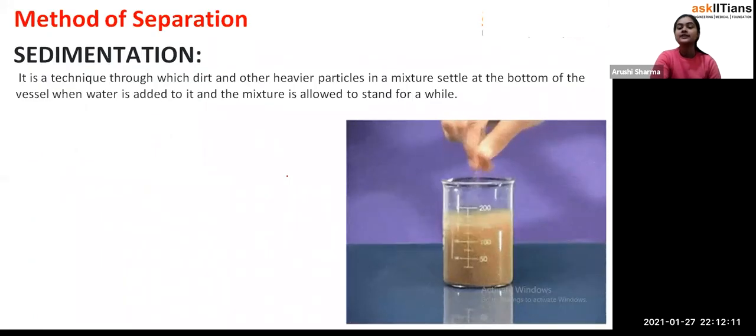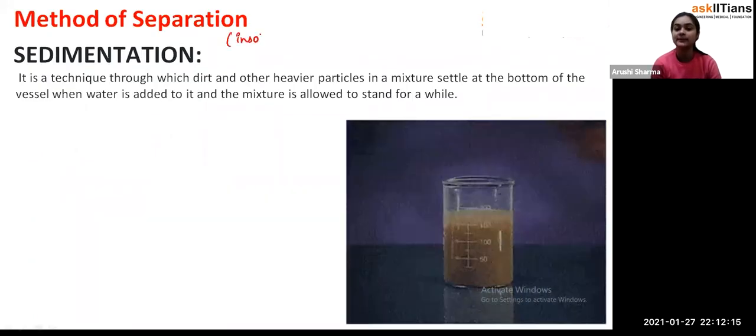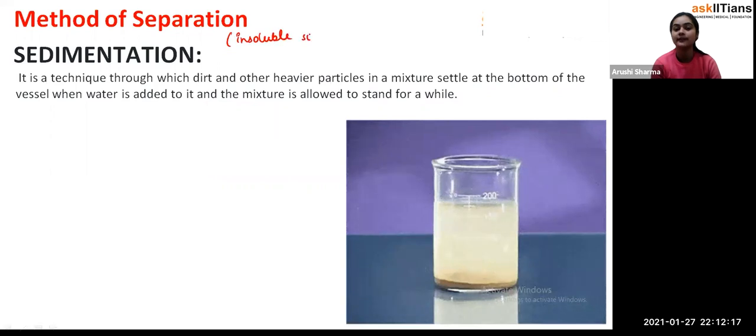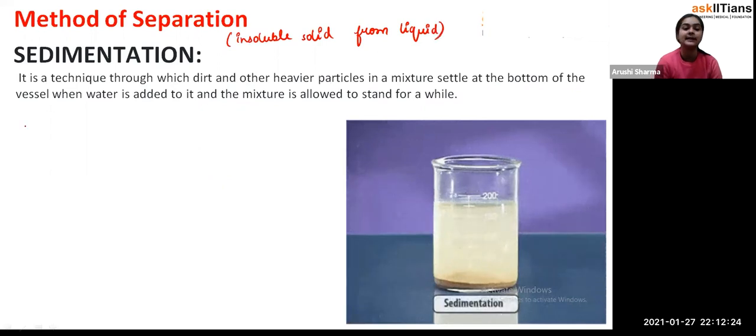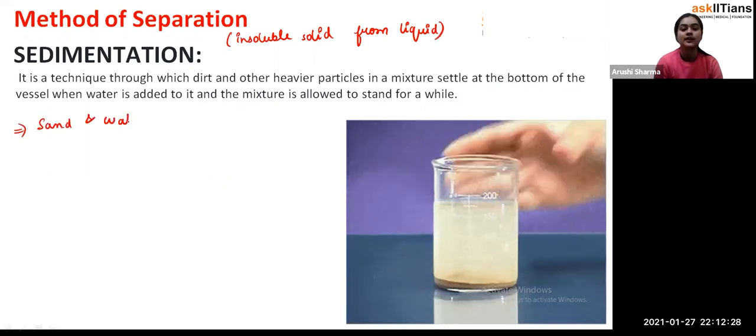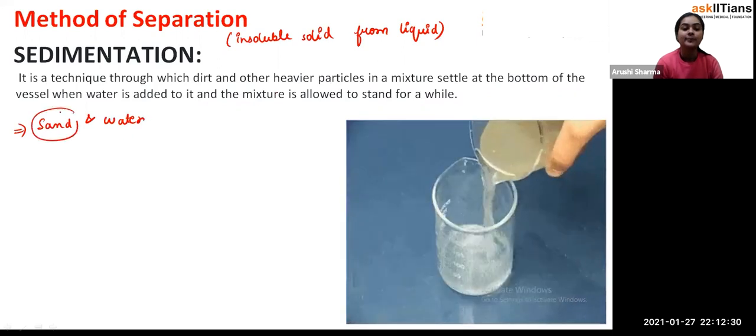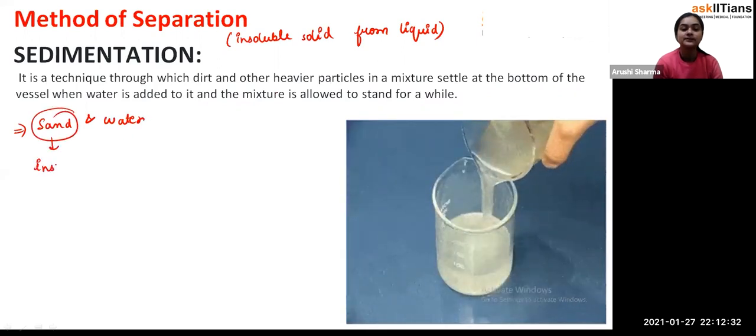Now we are going to study the method in which we separate out the insoluble solid from liquid. We can take a very simple example, that is sand and water. Because, student, the sand is an insoluble solid.